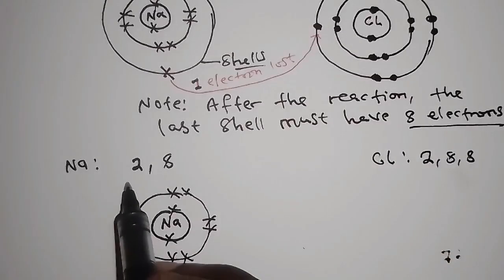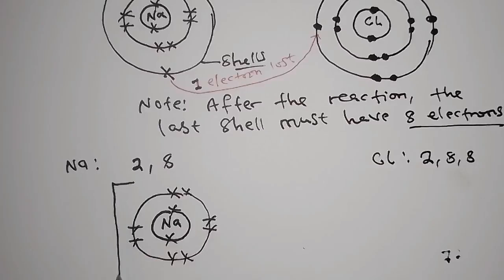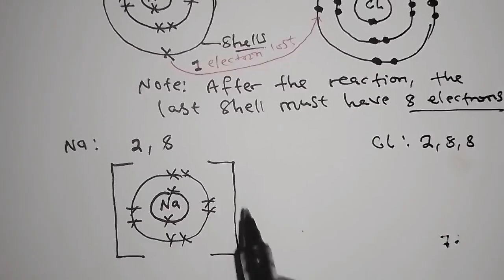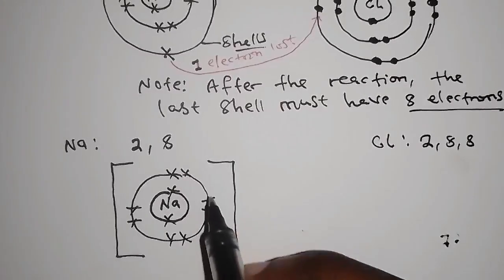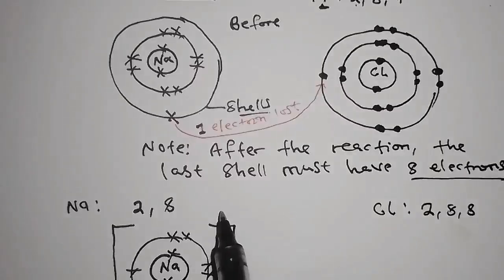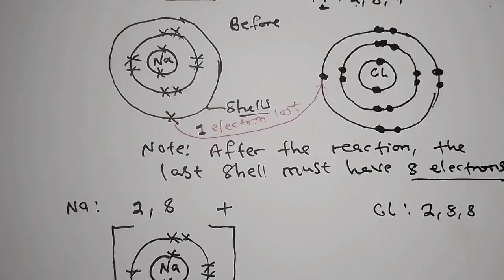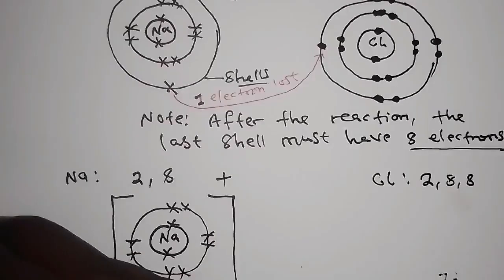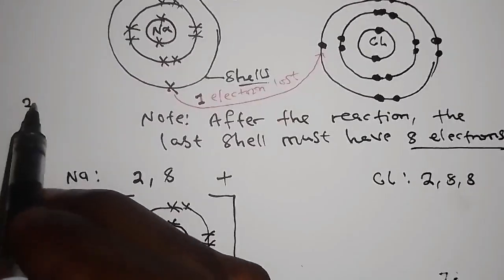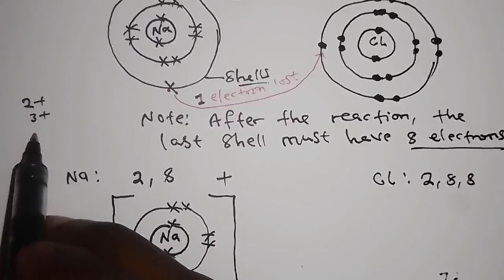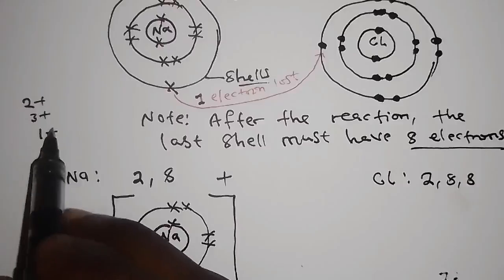Now you need to put brackets, and this shows that the sodium has lost 1 electron, so you put a positive sign. Because it is just 1 electron, if it was 2 electrons you would write 2 plus or 3 plus, but since it's just 1, it doesn't make sense to write 1 plus.